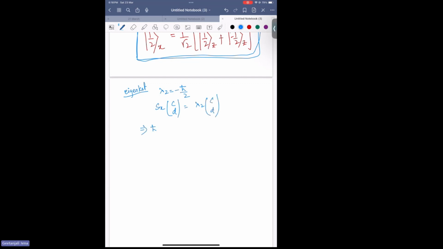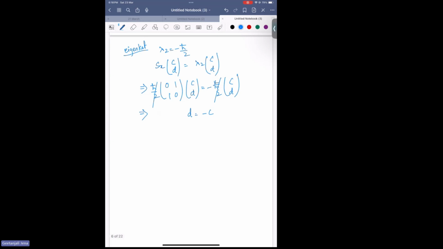So this is ħ/2 times the matrix 0, 1, 1, 0 acting on (c, d), equal to minus ħ/2 times (c, d). So this will cancel. Now if you solve this matrix equation, in the previous case you saw that a equals b. Now there is a minus term here, so you will see d equal to minus c.